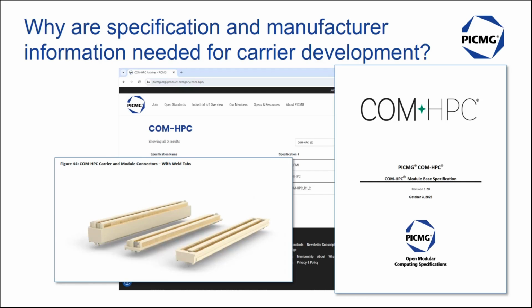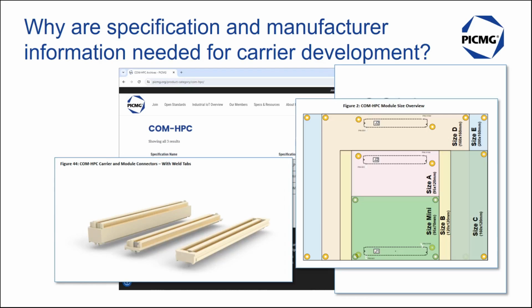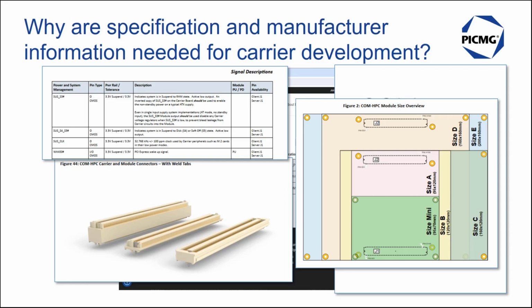Here you can find a general introduction to the standard, the connector used, the different sizes, and the different pinouts. All of you are certainly familiar with this picture, which shows an overview of the different sizes well. The specification describes the different signals with voltage levels. General design information, such as a detailed chapter on loss budgets for high-speed differential interfaces, is also available.